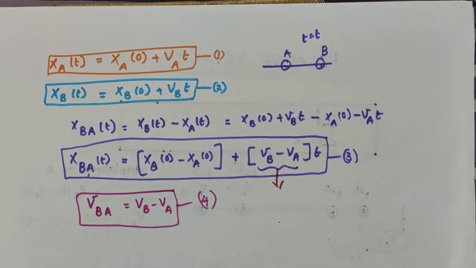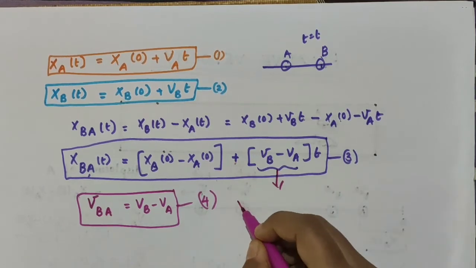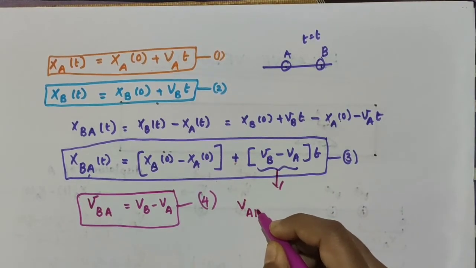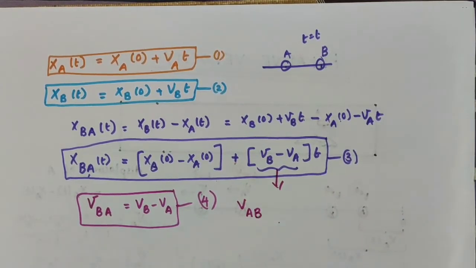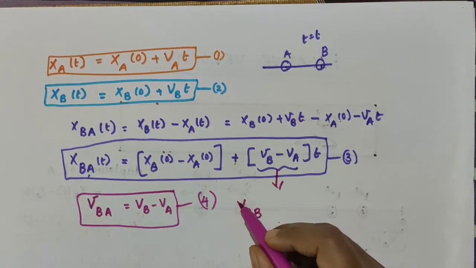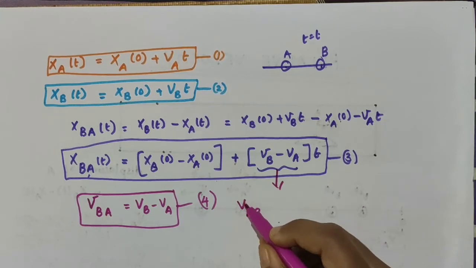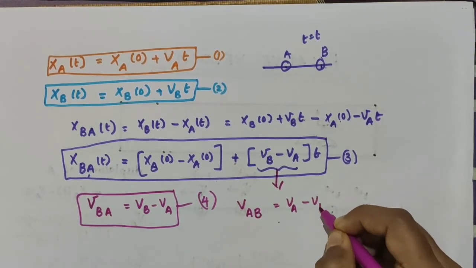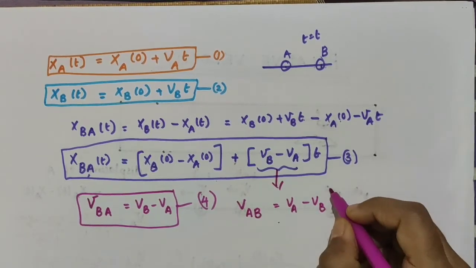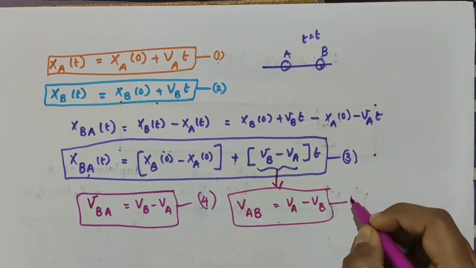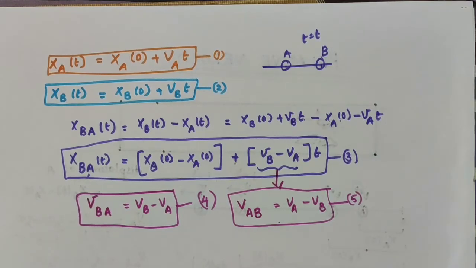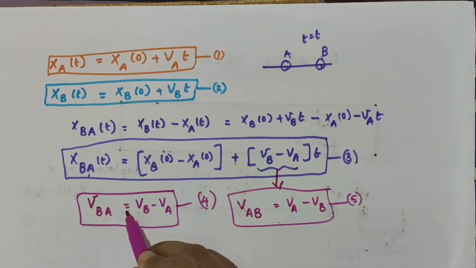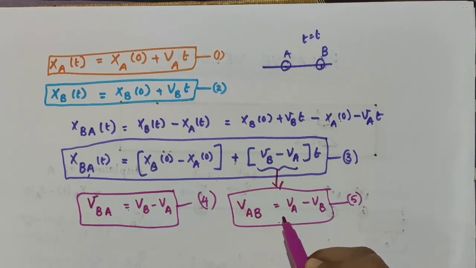Similarly, the velocity of the object A with respect to the object B, VAB, equals VA minus VB. I am taking this as equation number 5. Now, just compare these two expressions, VBA and VAB.